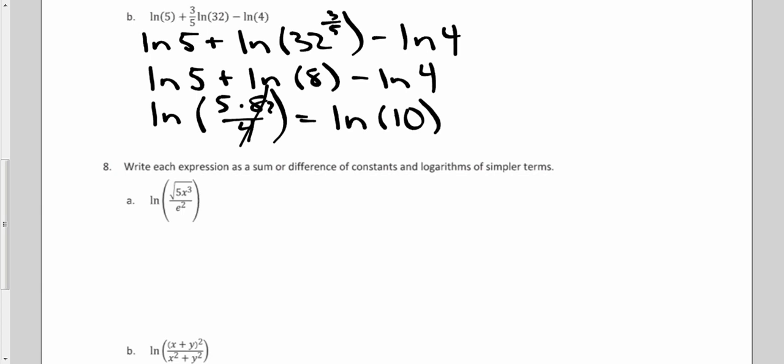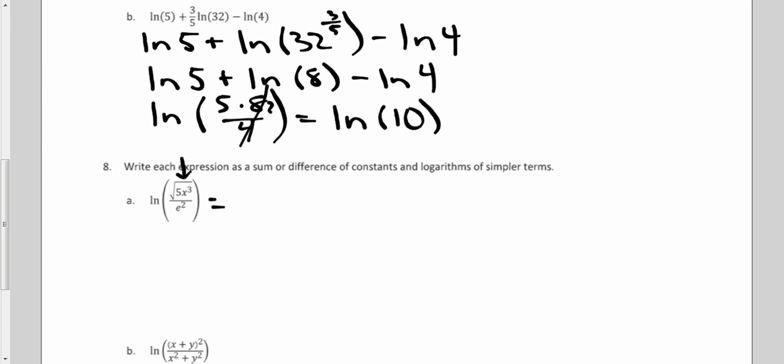Well, we can do the same thing with values of x. We don't need to do anything differently just because there's x's in there. Now, let's look at this more closely. Let's rewrite this square root of 5x cubed as an exponent, right?